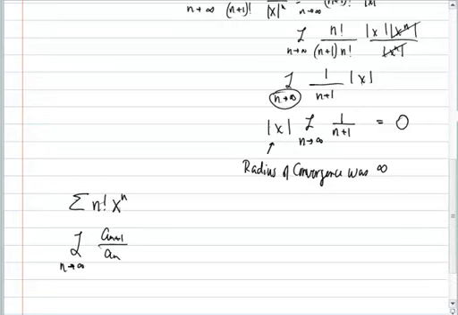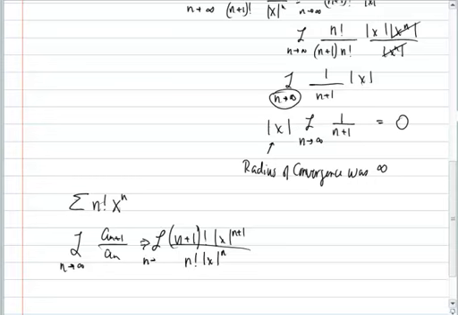So we're going to just rewrite that as n plus 1 factorial, the absolute value of x to the n plus 1, divided by n factorial times the absolute value of x to the n.